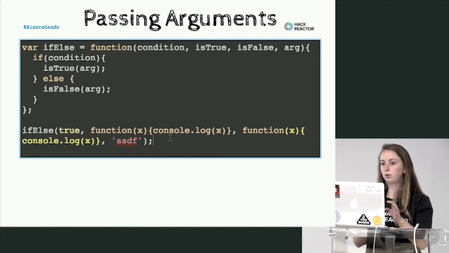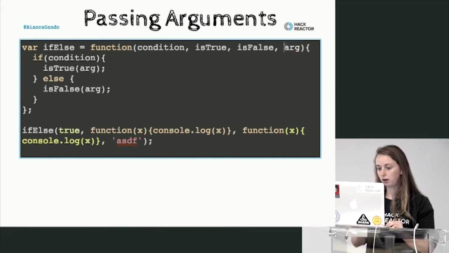This is where parameters and arguments get a little bit tricky. Arg at this point is a parameter. X here is a parameter. ASDF is a value that is an argument. All of these things are arguments in here. True is an argument. This function definition is an argument.